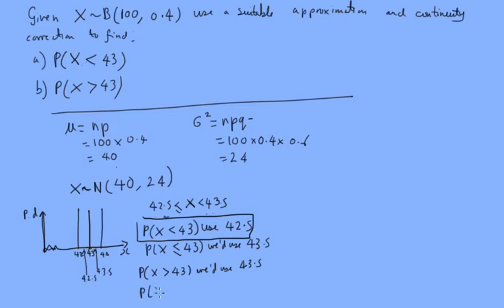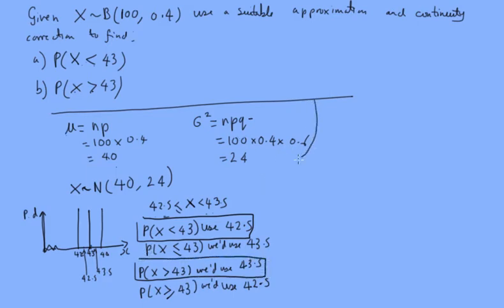But if we had the probability of x greater than or equal to 43, we'd use 42.5 because it's including 43, the value could be 42.5 and then rounded up to 43. We're just explaining this for completeness, but in this example, it's greater than, so we use this value.